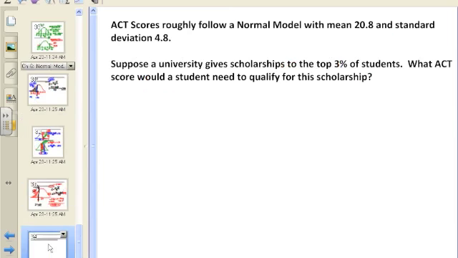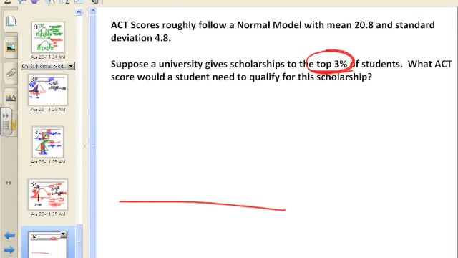All right, so I'm going to go ahead and do this one just a little bit different. Suppose a university gives scholarships to the top 3% of students in terms of ACT scores. So what ACT score would you need to qualify for this scholarship? Meaning, what ACT score gives us the top 3%?